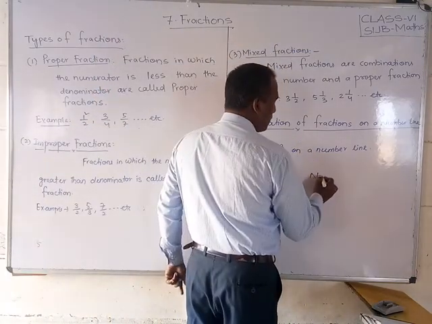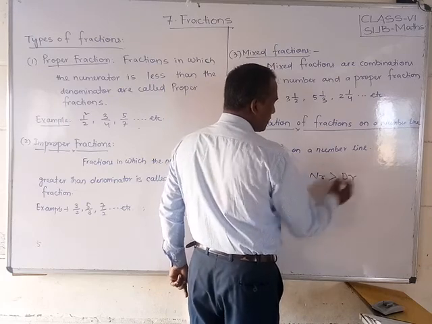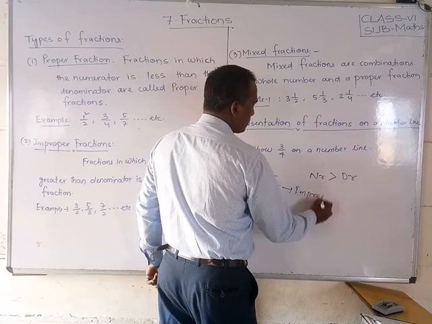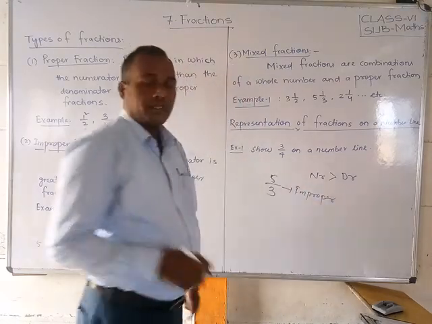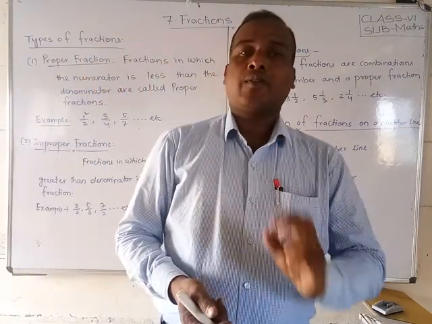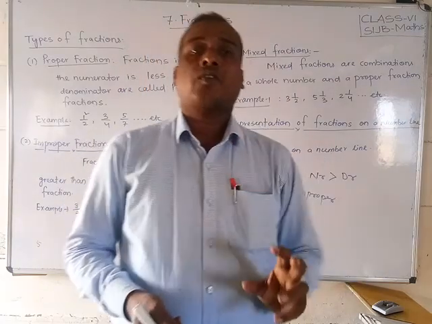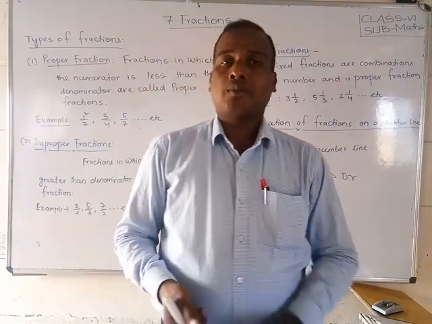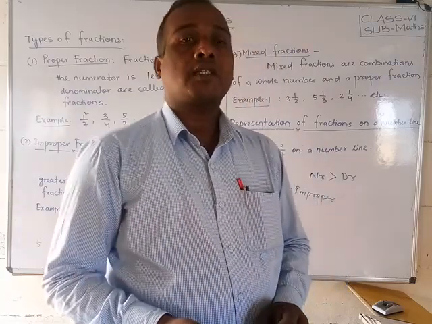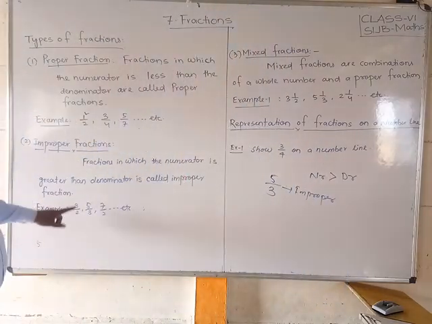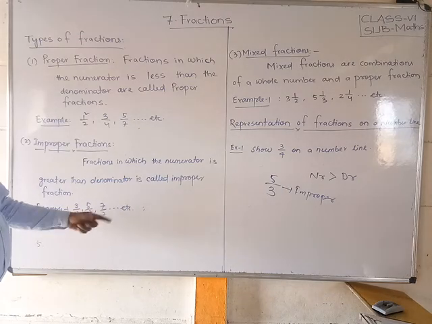That means if the numerator is greater than the denominator, the fraction is called an improper fraction. So 3 by 2, 5 by 3, 7 by 2 are improper fractions.